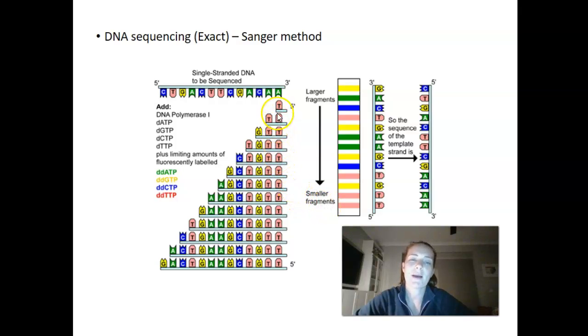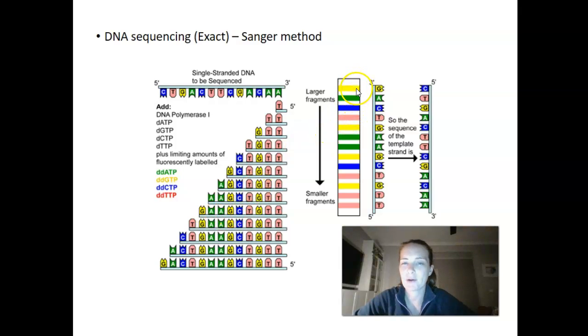But essentially, we are building increasing sizes of DNA to partner with this strand that we want to sequence. And the final base in each sequence is fluorescent. So when it gets to the end of this short sequence, it will glow a particular color.